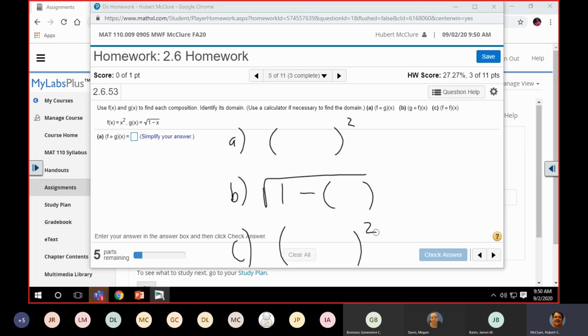All right, so we're going to plug in g, square root of 1 minus x. We're going to plug in f, so that means we're going to plug in x squared here. And we're going to plug in f here. And what happens to the square and the radical?